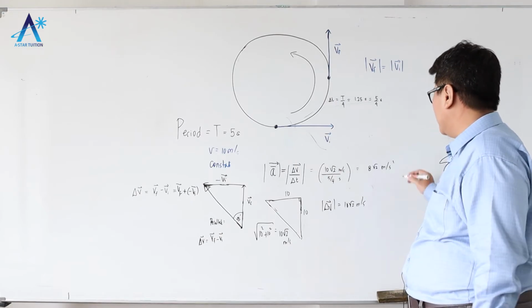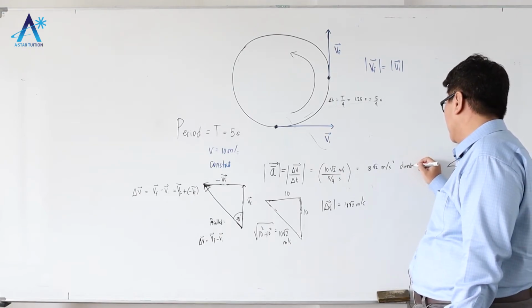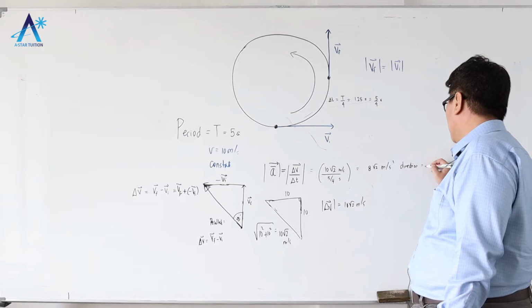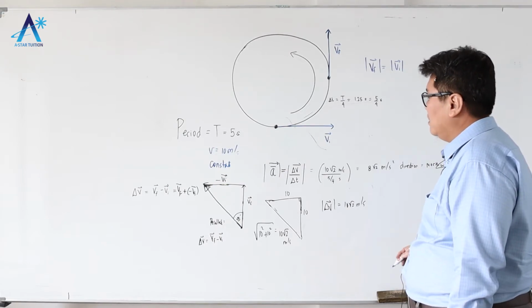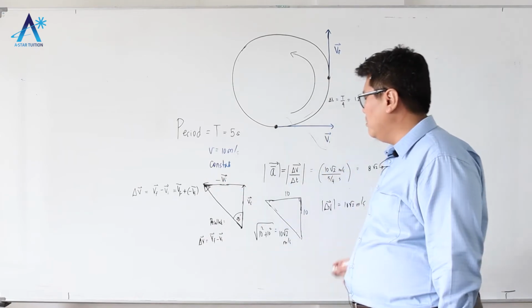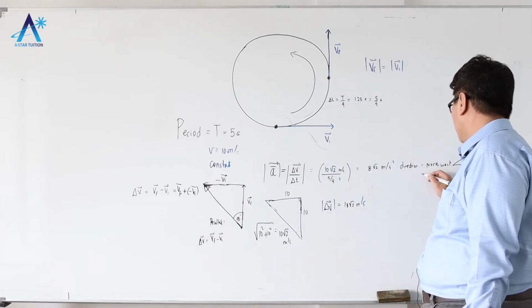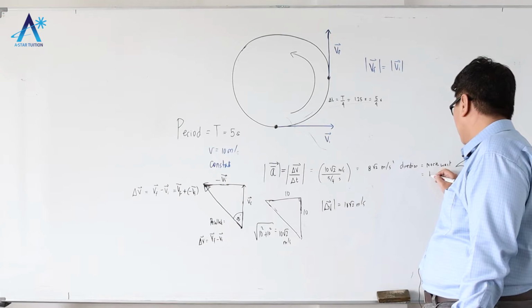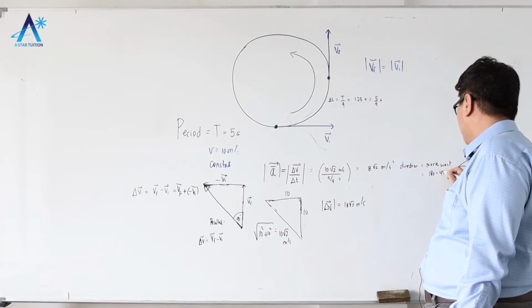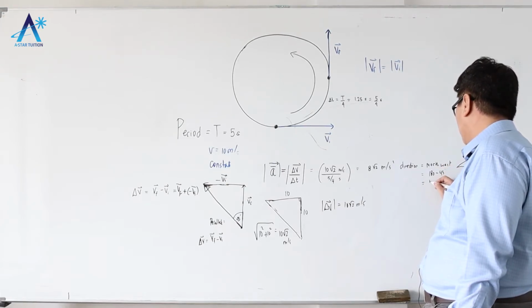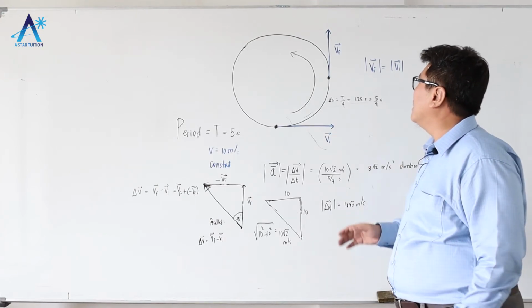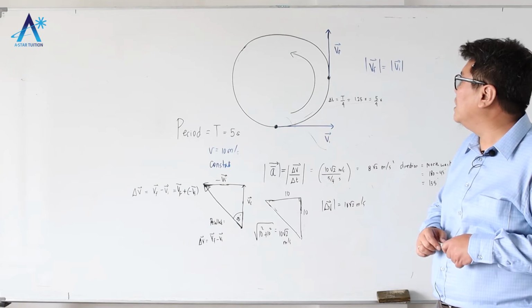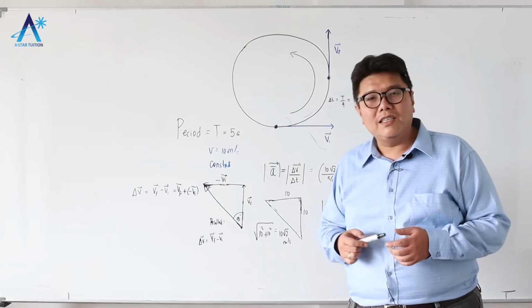You can also mention that the direction is northwest. Or, because this is in quadrant 2, it is 180 minus 45, which is equal to 135 degrees. This is the notion of the change in vector quantity.